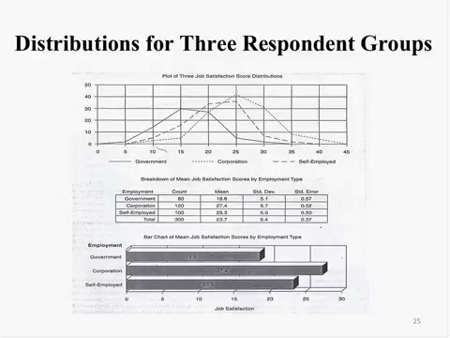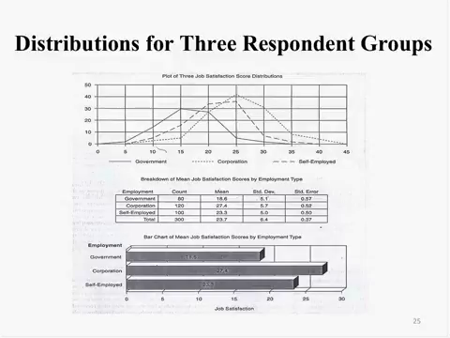Now, in the center of slide number 25, we're talking about exactly the same data, but presented as a table. And this includes the number of persons involved in each category: government, corporation, and self-employed, the average or the mean, the standard deviation, which is the spread, and you notice those spreads are very, very similar, and the standard error.